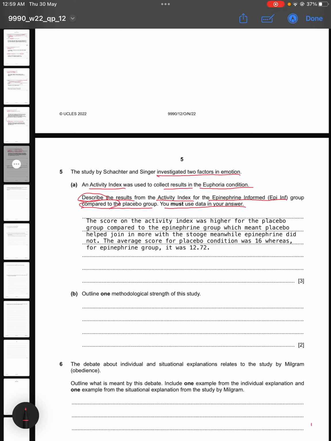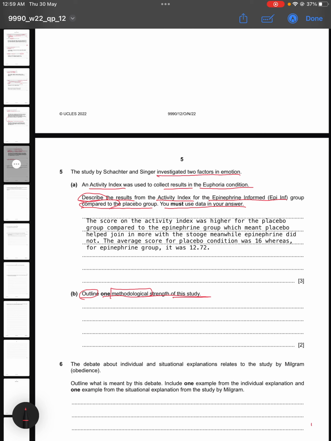Okay, and then part B says, outline 1 methodological strength of this study. Methodological strength means you need to focus on the research methods, which kind of research method was used, how was the experimental design and all of that.